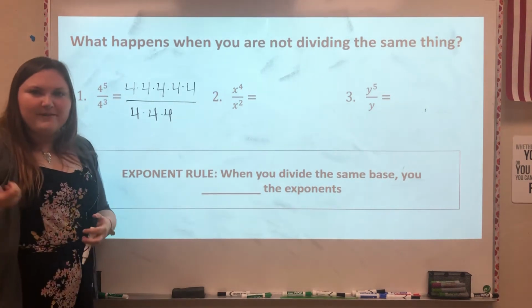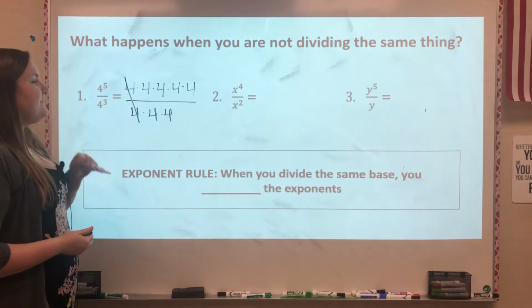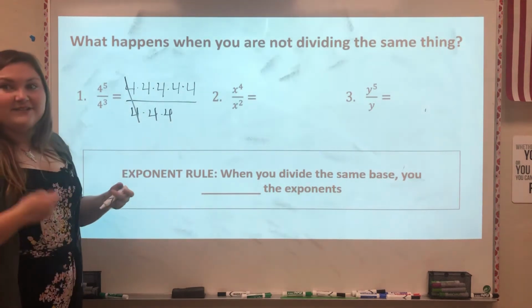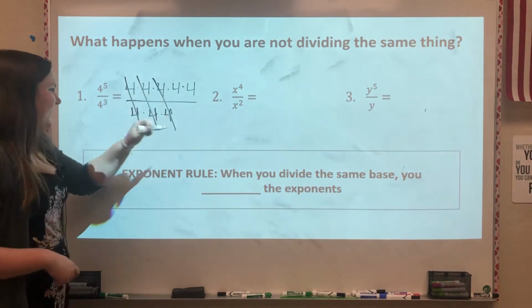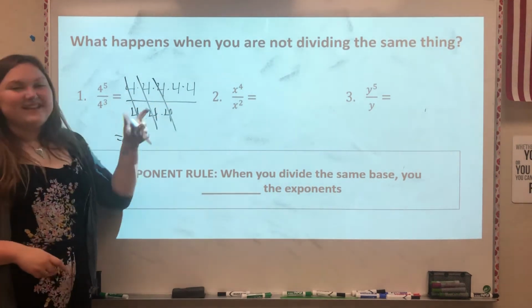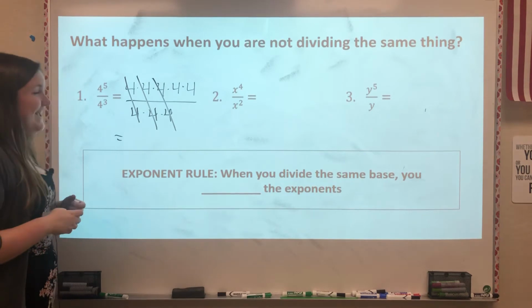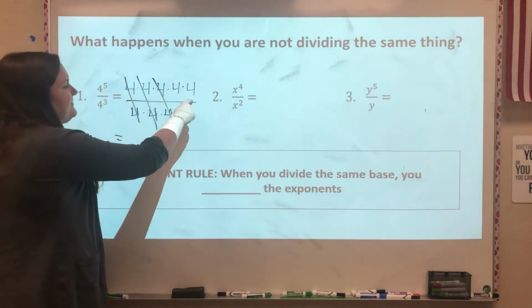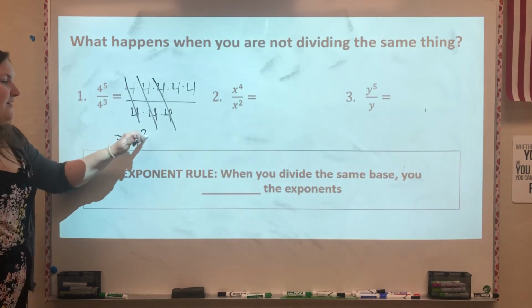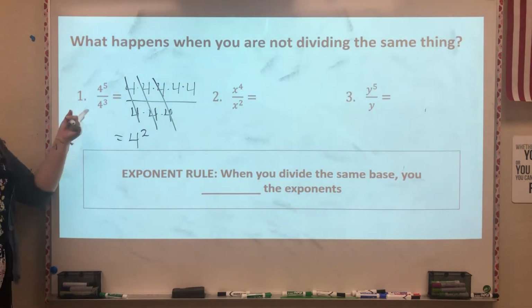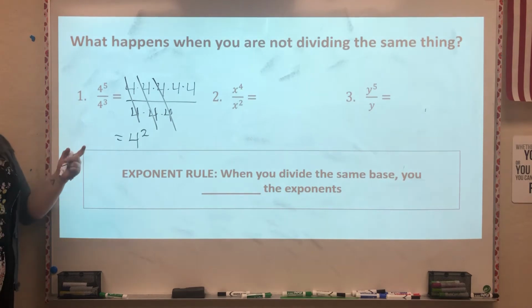We know 4 divided by 4 is 1, so those 4's cancel. 4 divided by 4, 1, cancel. 4 divided by 4, 1, cancel. I could multiply these together, but remember we're looking for a pattern with exponents. So instead of saying 4 times 4, if I wanted to say that with an exponent, it would be 4 squared.